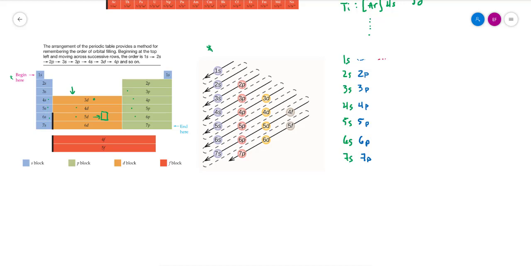So there's no d in the n equals 1, there's no d in the n equals 2. It starts right here. So 3d, 4d, 5d, 6d, 7d.